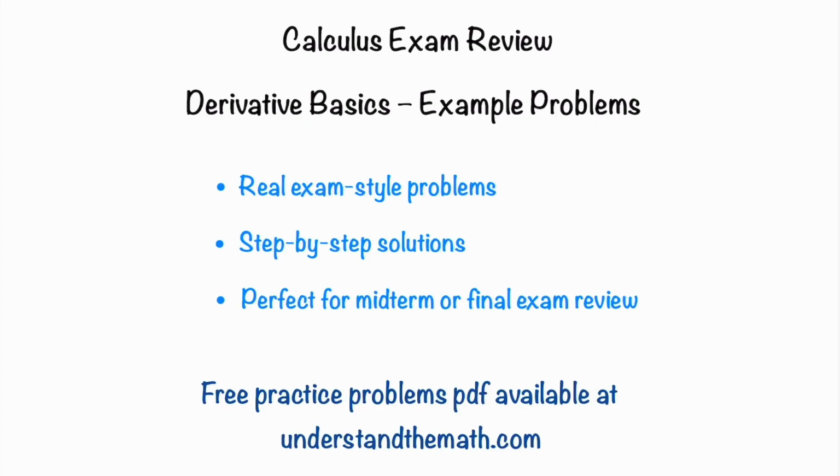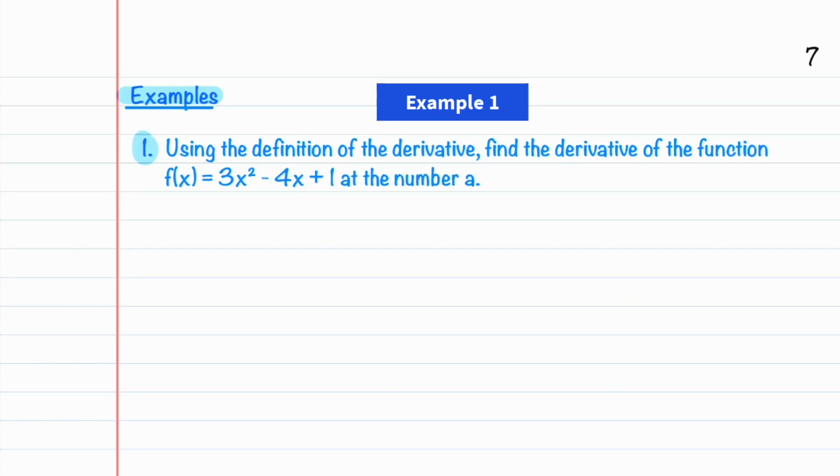Let's get started. In our first example, using the definition of the derivative, we are going to find the derivative of the function f of x is equal to 3x squared minus 4x plus 1 at the number a.